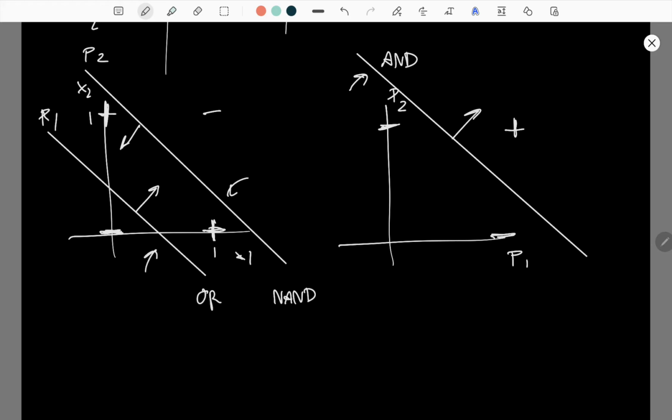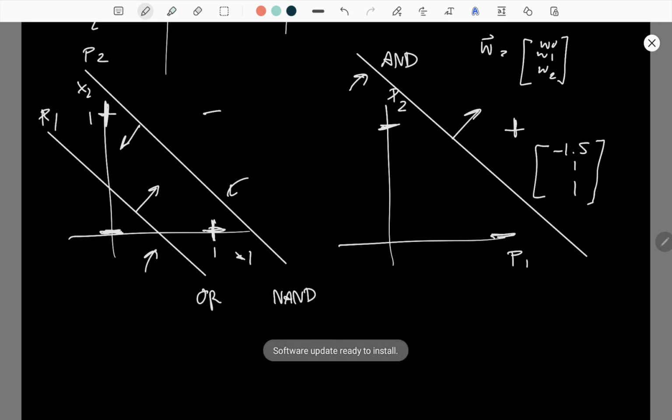For the AND one, if your W is W0, W1, and W2, the AND one will be minus 1.5, 1, 1. This is one of the weights that can be used to classify the AND example, right? I hope that you still remember. And how about the OR one? The OR one is minus 0.5, 1, and 1, right?